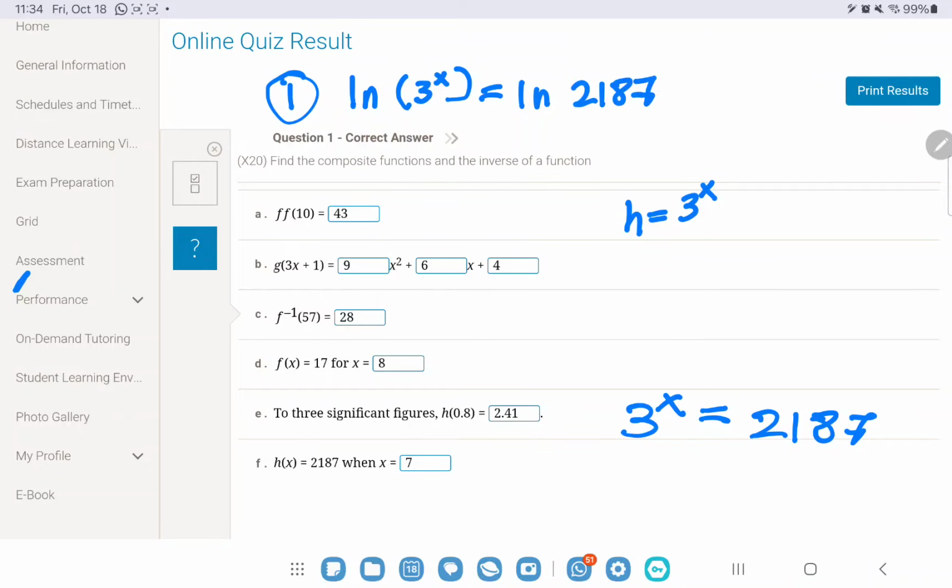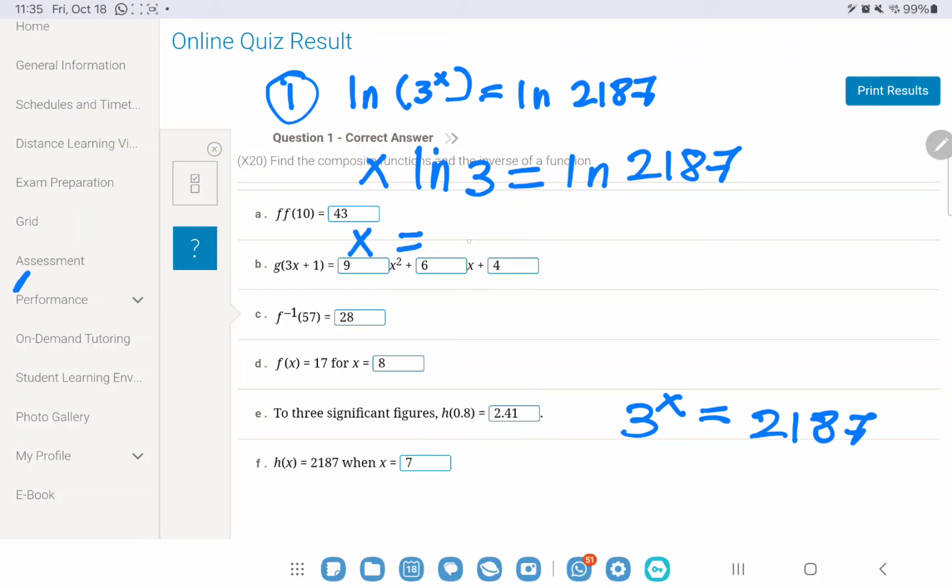And now you could rewrite it as x ln 3 equals ln 2187. I'm going to erase this for now because we know the function. And now we could rewrite it as x equals ln, because you want to cancel it from this side and this side.